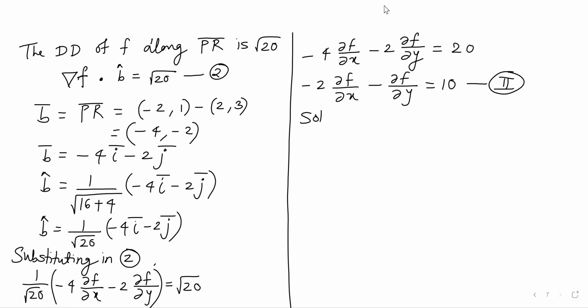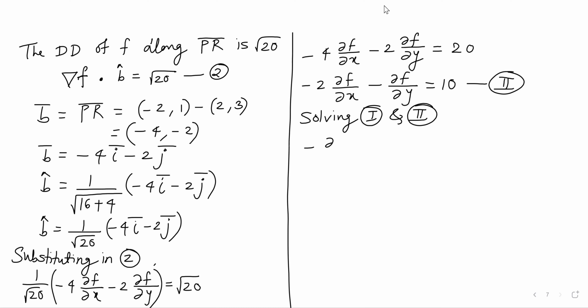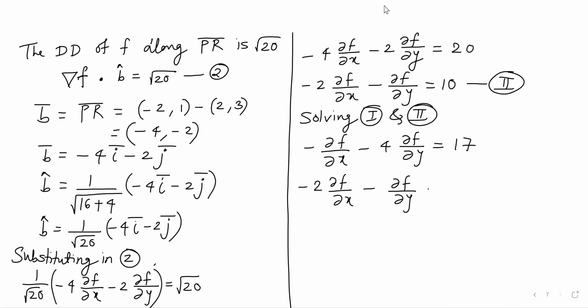Now solving Roman 1 and 2. What is 1? Minus del f by del x minus 4 del f by del y equal to 17. And the second equation is what? Minus 2 del f by del x minus del f by del y equal to 10.